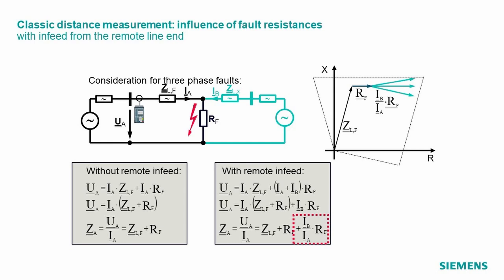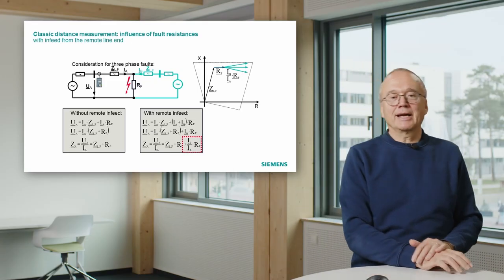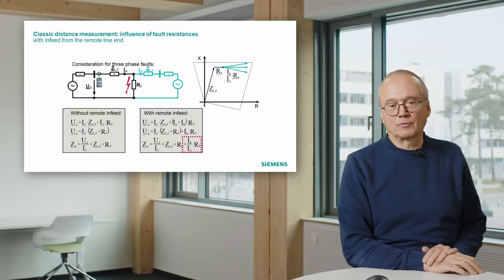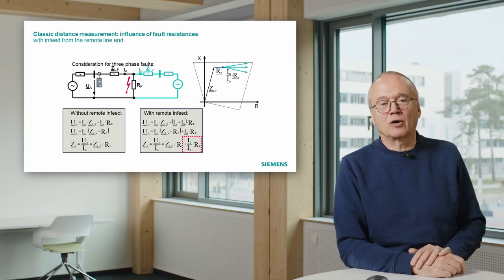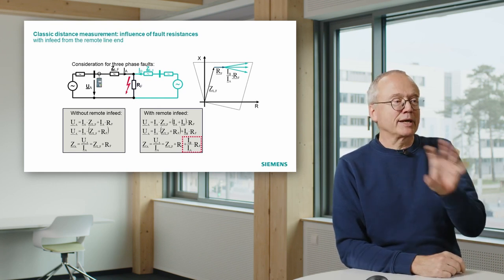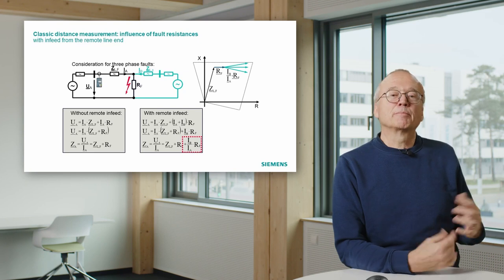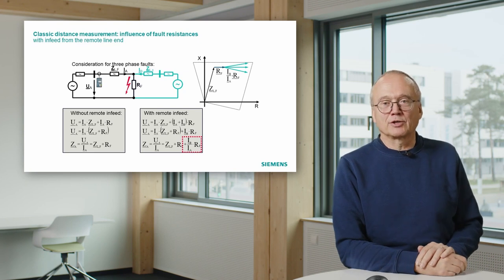And that means if you are close to the limit, you go to the right and you can even go up here and can leave the characteristic over there. So for that reason, that has to be taken into account. And also this we can discuss a little bit more using my simulation.